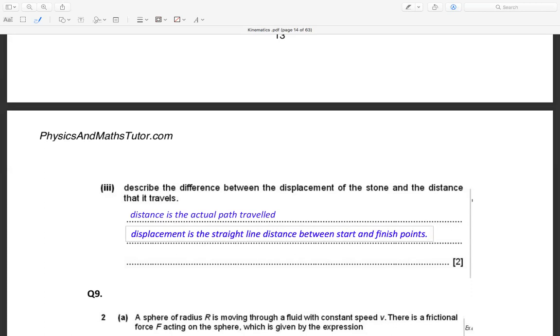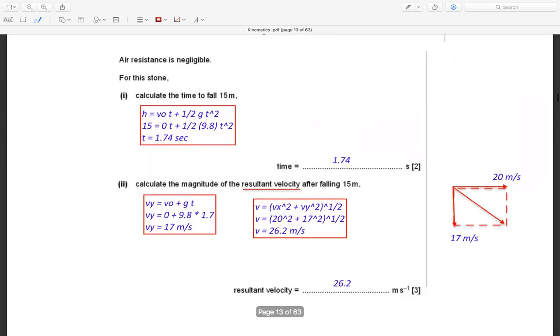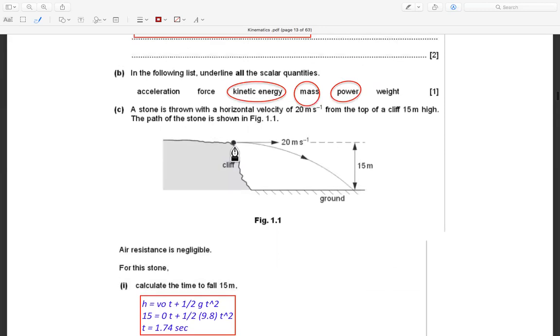Dari titik awal dan akhir, start and finish point. If we see, this is like a straight line. Nah, gini, dari awal sampai akhir, berapa panjangnya? This is displacement. How much distance is it when we use a straight line between start and finish? How much length is it?